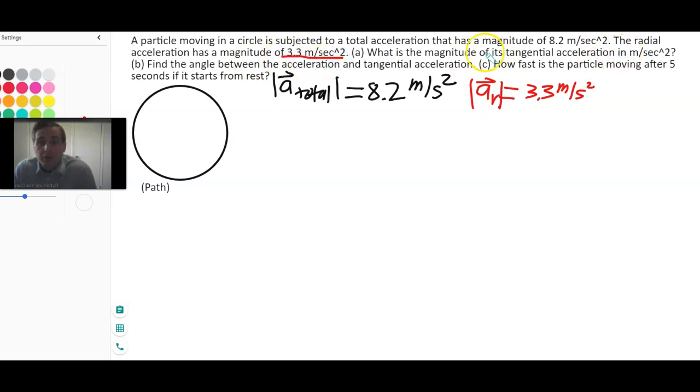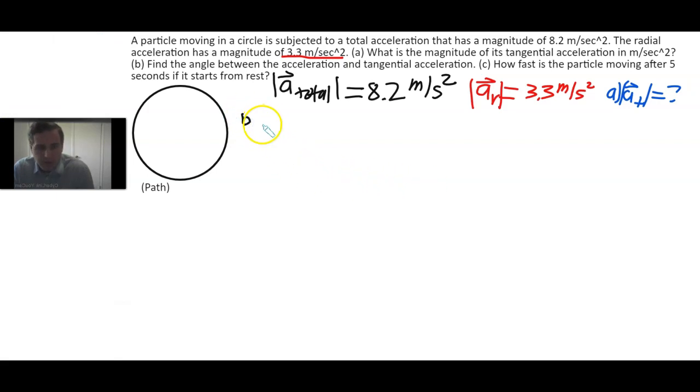And then we want to know the magnitude of the tangential acceleration, so I'll do that one in blue. So part A, we want the magnitude of the AT vector. Part B, we want to know the angle between the acceleration and the tangential acceleration.